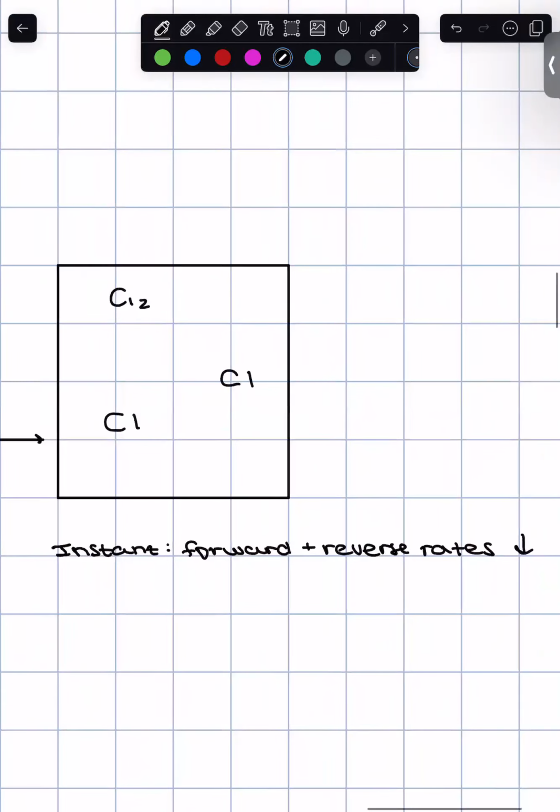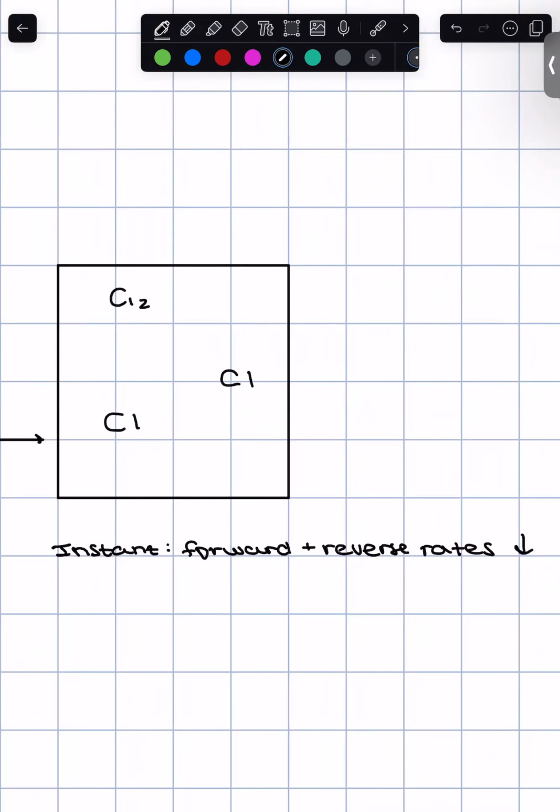At that very instant, both of these reactions, both in the forward and the reverse direction, are going to decrease. And that is because when you are increasing the space in this container, the molecules become a lot farther apart from one another. Those collisions aren't happening as much, and so the reaction isn't going to happen as quickly.